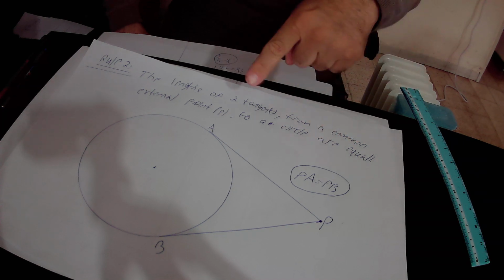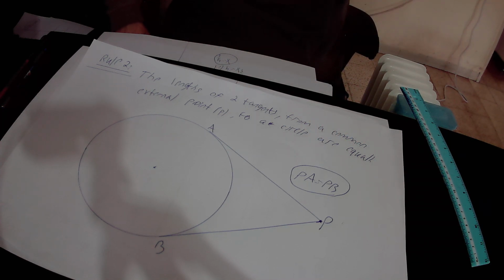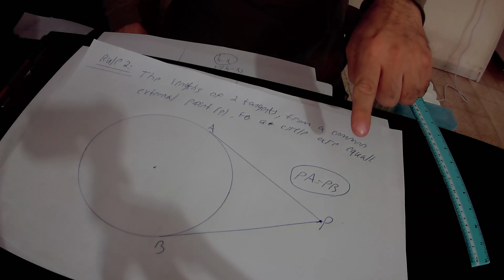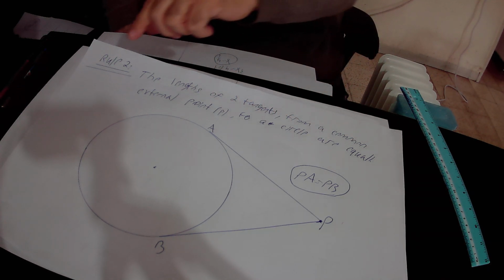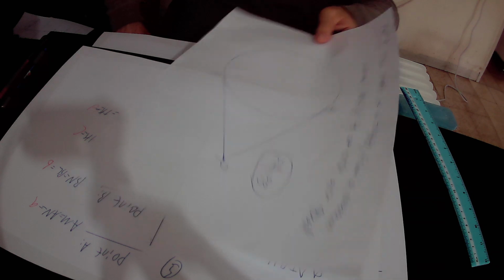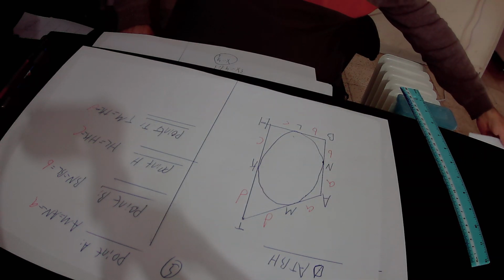That is to say, PA equals PB. So whenever you draw two tangents to a circle from a common external point, the lengths of the two tangents must be equal. You can implement rule number 2 in our drawing.